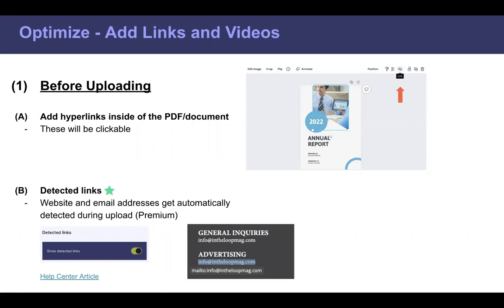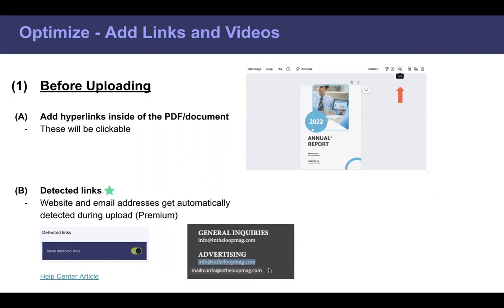We also have a feature called detected links. This basically means that in case you have a website address or email address, and these are not hyperlinked, not clickable, the system can detect these website addresses or email addresses, like in this example, info at in the loop mag.